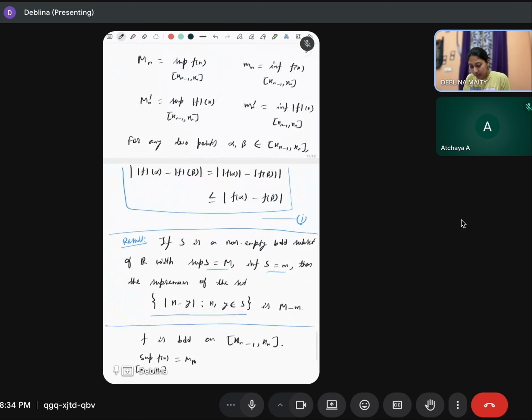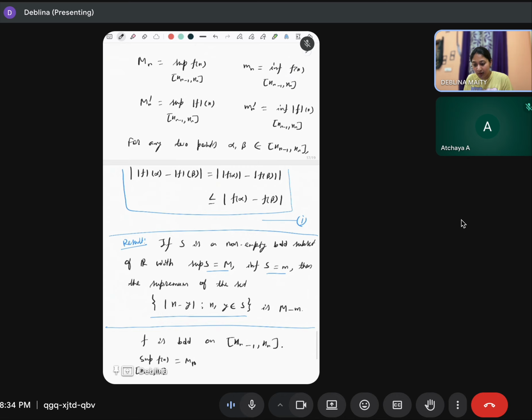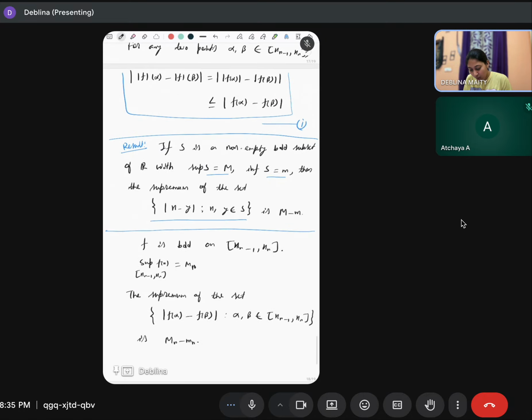And from this inequality 1, what do we have? From inequality 1, the right hand side was mod of f(alpha) minus f(beta), and we have found that the supremum of this set is capital M_r minus small m_r. So in 1 we get that this is less than or equal to capital M_r minus small m_r.